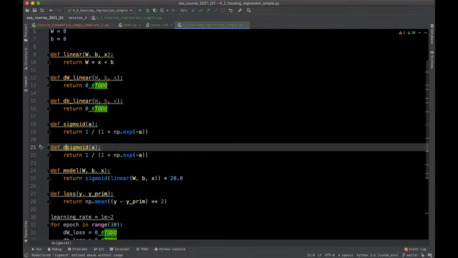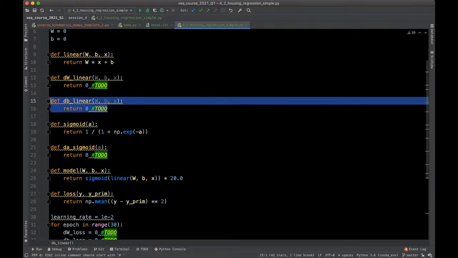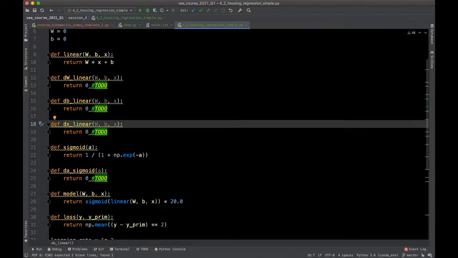other input parameter here. By the way, you can also calculate the derivative with regards to the x here. That could be very useful later, because if you chain together multiple linear layers, then it would be a proper neural network with hidden layers.